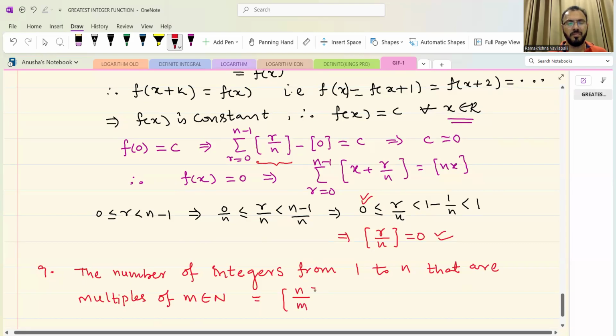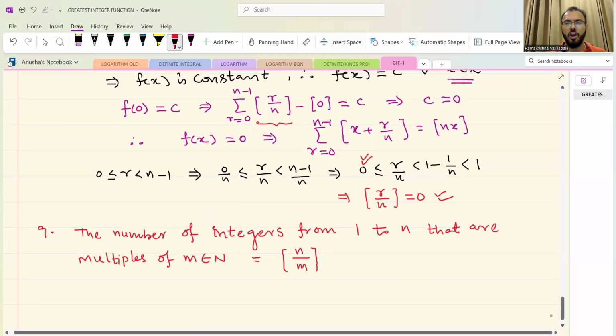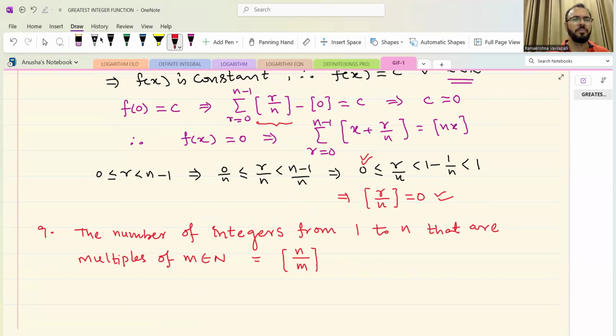That's equal to integral part of n by m. How many integers are there which are divisible by m from 1 to n?